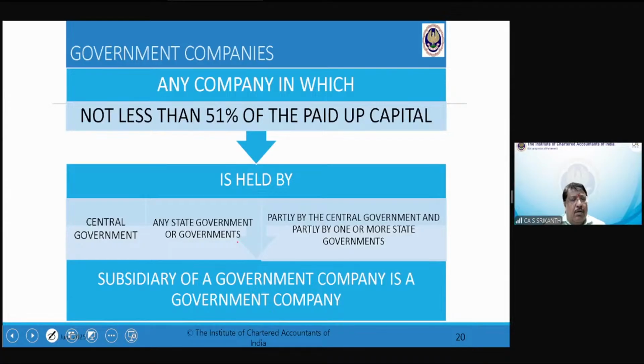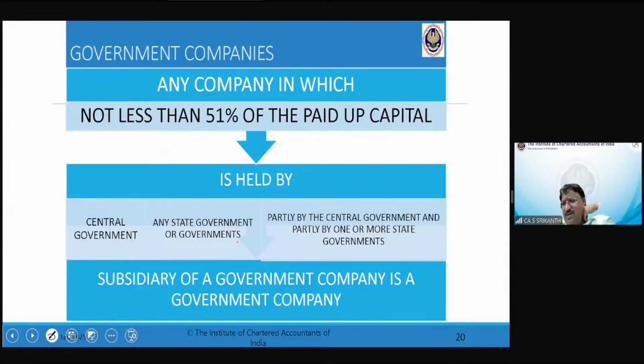Or not fully, but Maharashtra holding 30, Gujarat holding 20, Madhya Pradesh holding 20. Total 70.